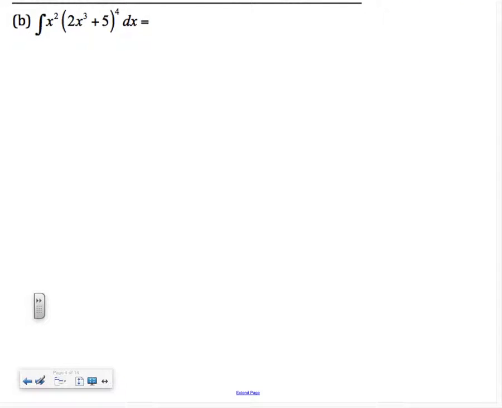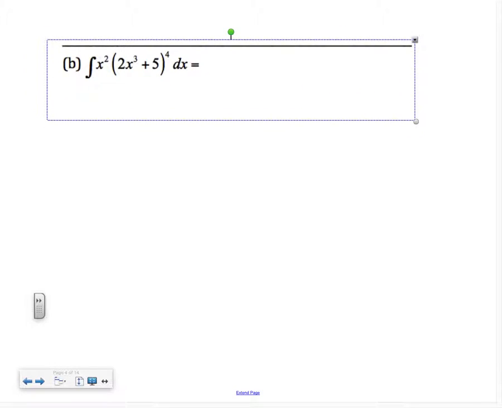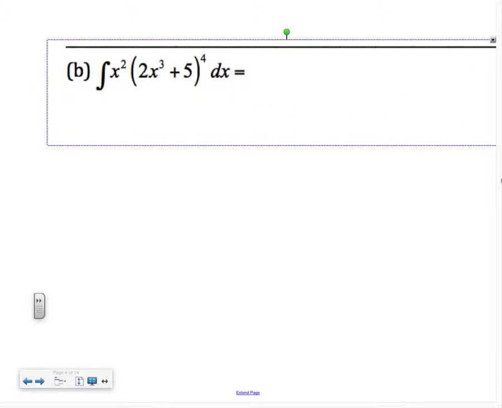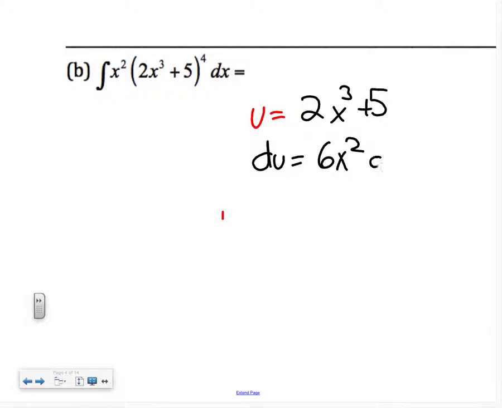All right, this next example is one in which we need to use substitution because I don't want to multiply that out 4 times. So remember, u is the thing on the inside of the parentheses. So u would be 2x cubed plus 5. du would be 6x squared dx.